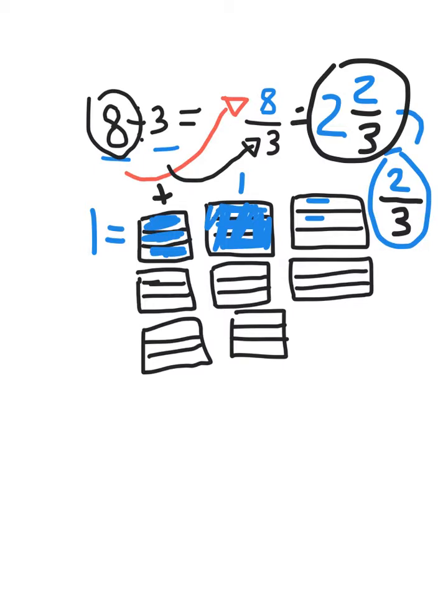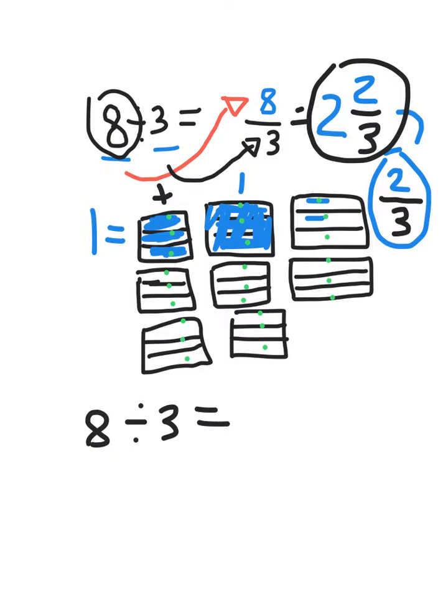Another way to do this is like this. 8 divided by 3 equals, we could count each one of them: 1, 2, 3, 4, 5, 6, 7, 8, 9, 10, 11, 12, 13, 14, 15, 16, 17, 18, 19, 20, 21, 22, 23, 24. So there's 24 thirds.